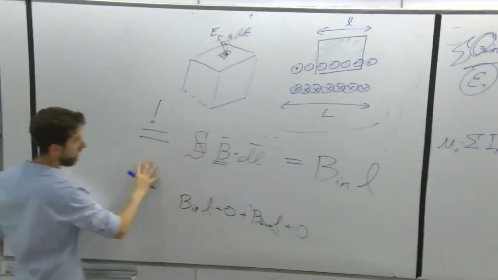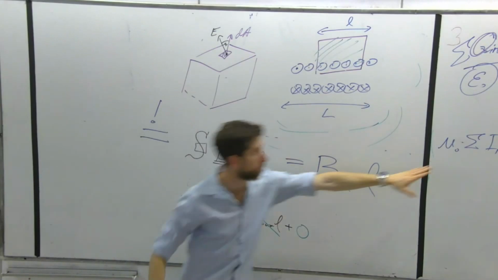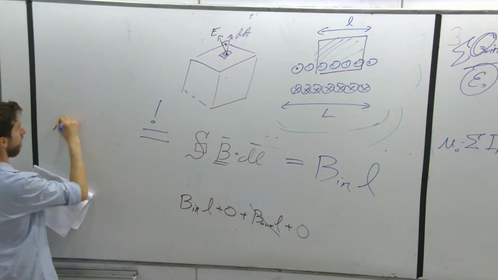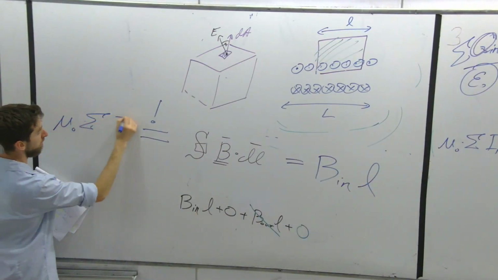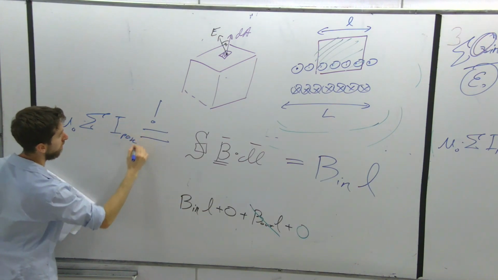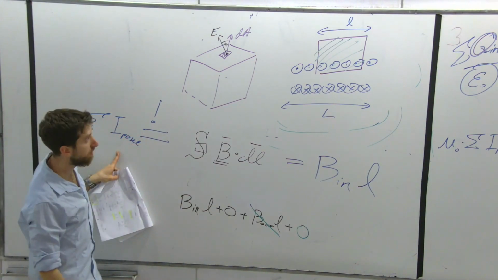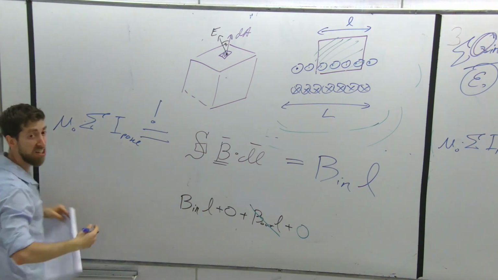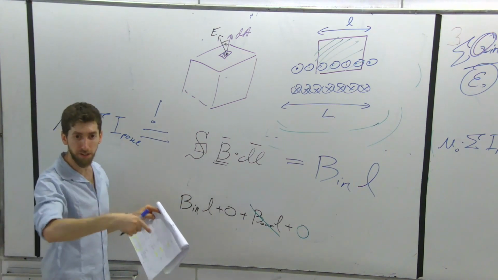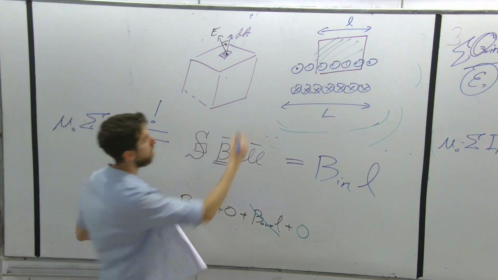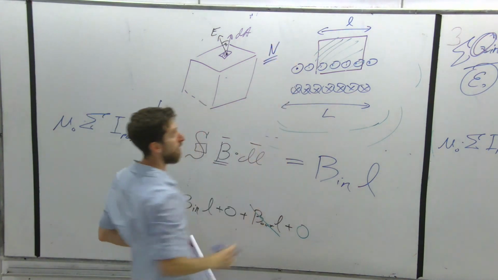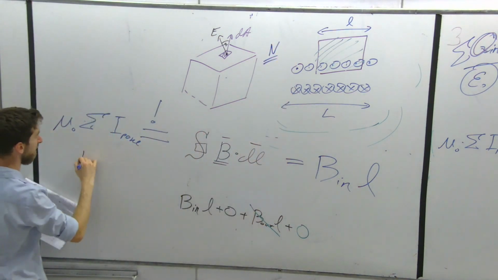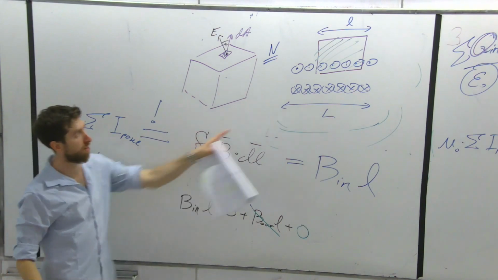Okay, so this term is actually equal to this one, which is mu0 multiplied by the sum of poking or penetrating currents. And in my case, how many loops do I have in total? Capital N, remember? Capital N was the number of loops that I have. So here I have N, and I need some correction factor, right?